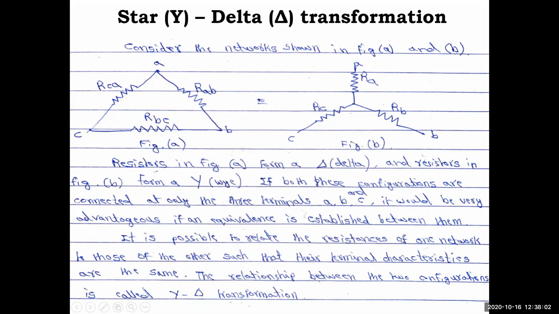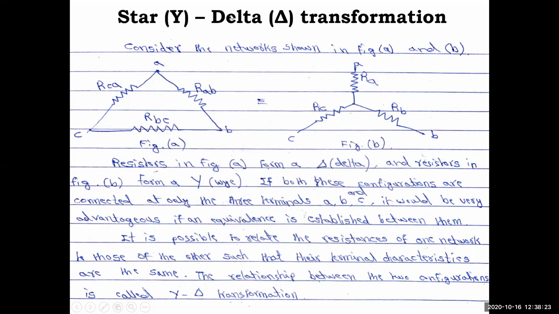We will try to relate the resistances of one network to those of the other. That means here A is there, so this RA we can relate to RCA and RAB. Similarly, this RB we can relate to RAB and RBC, because it looks like it is in between. So just you can see that.